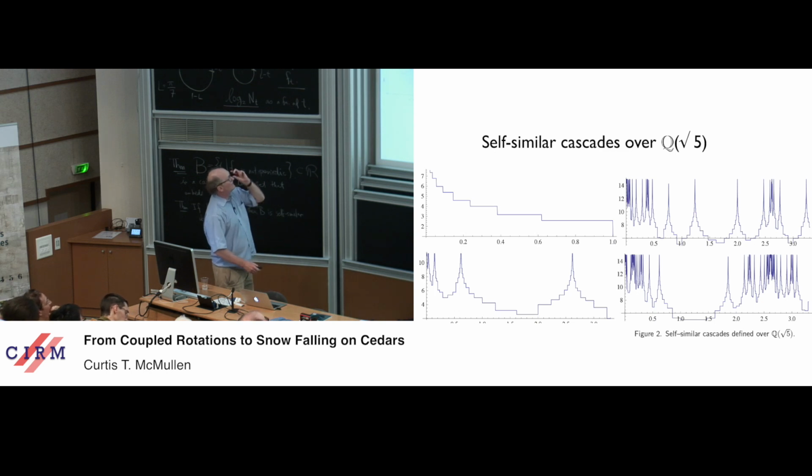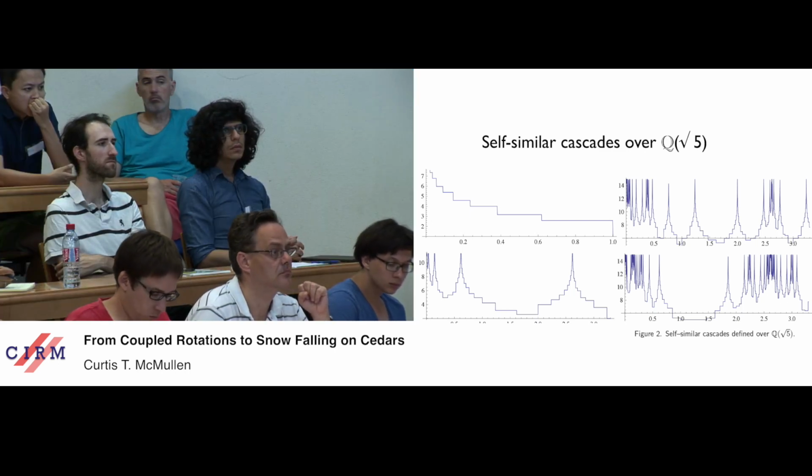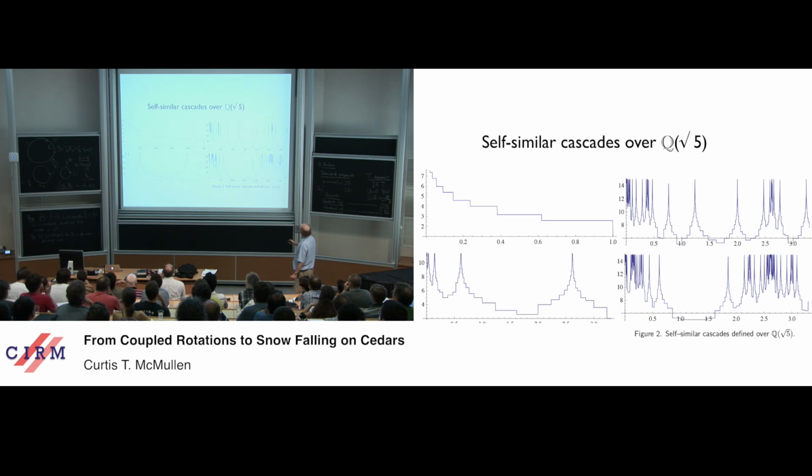Let me show an example of that. So here we have some cascades where the length lies in the field Q adjoining the square root of phi. They look better on my screen than on yours, but let me try to explain what's going on in this picture. Here the point at time 0 in this family is actually aperiodic. And then in this family, near twice the golden mean, down here, you see a rescaled copy of this family.